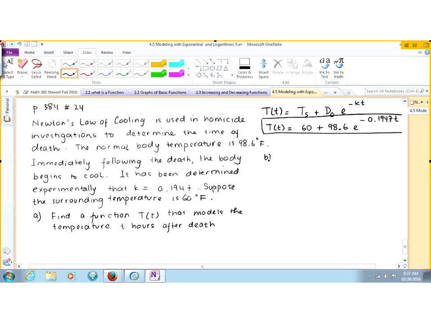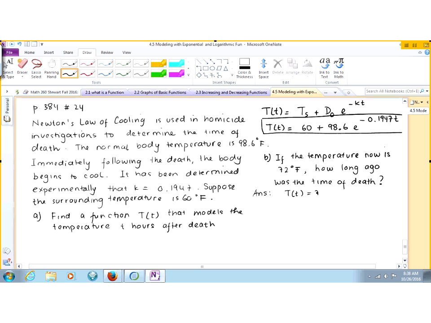Now, if the temperature now is 72 degrees Fahrenheit, how long ago was the time of death? What is given here? 72 degrees.